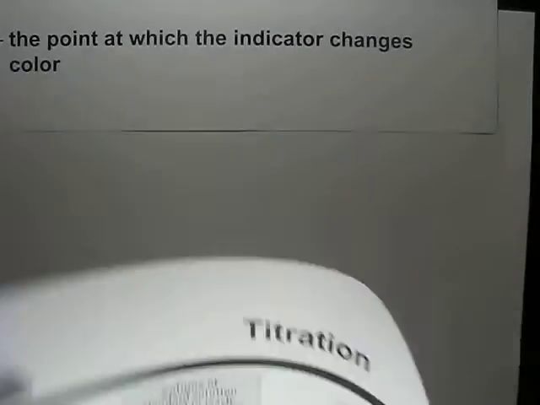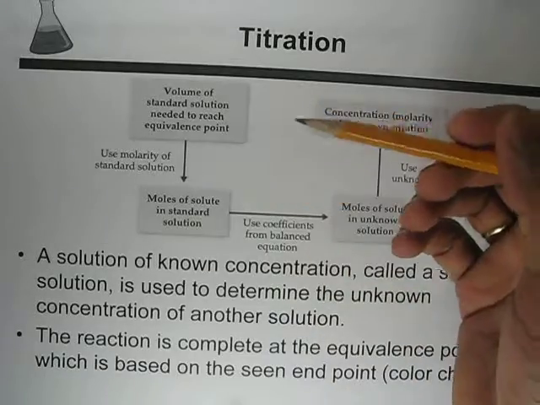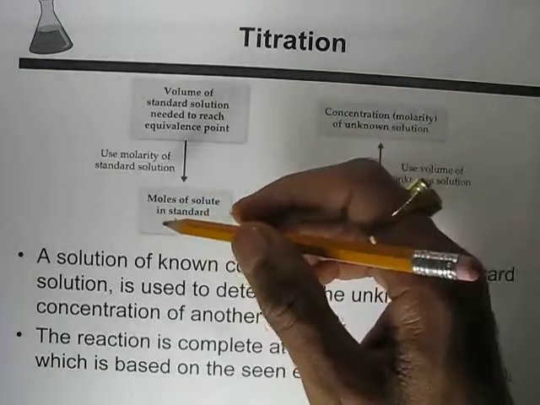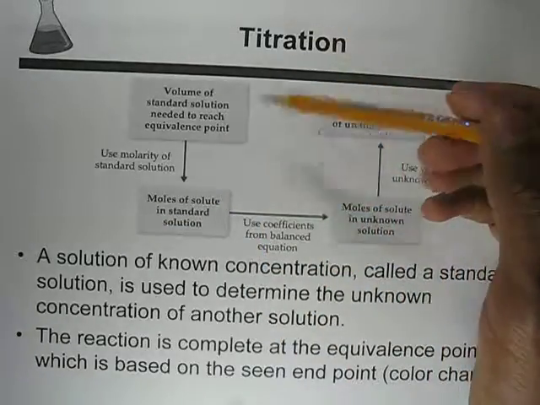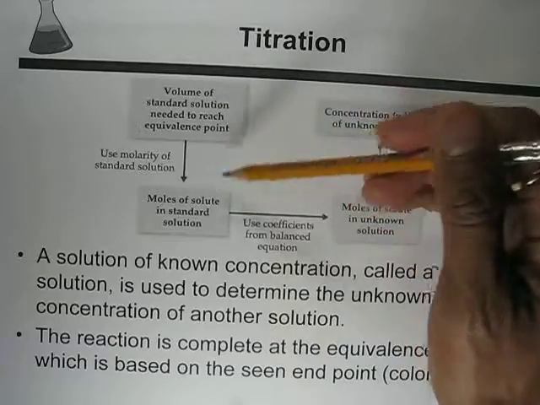And if we have to do some type of calculation to find out the concentration or the volume of an acid or base, or one solution or the other solution, you can follow this flow chart.